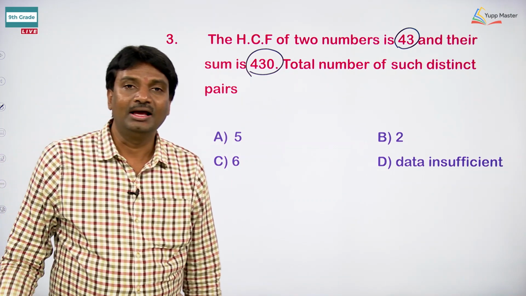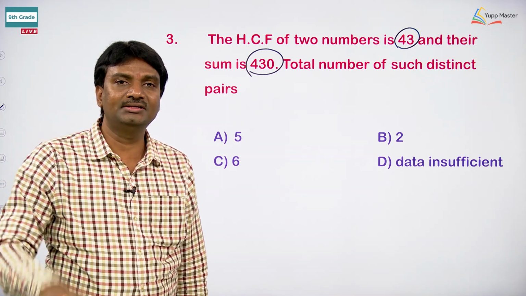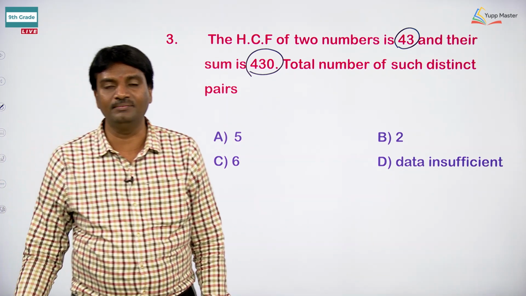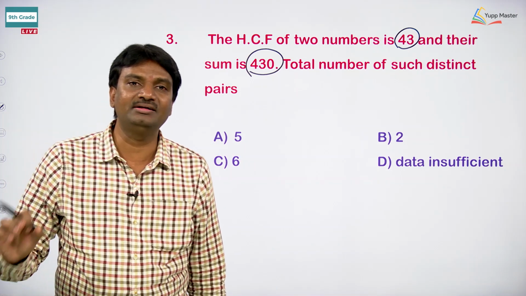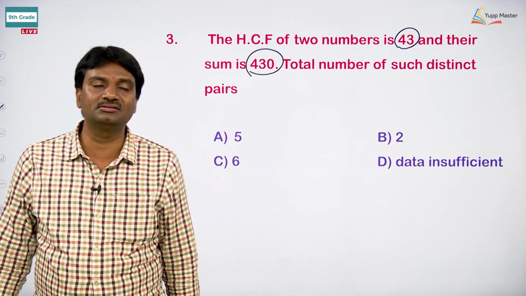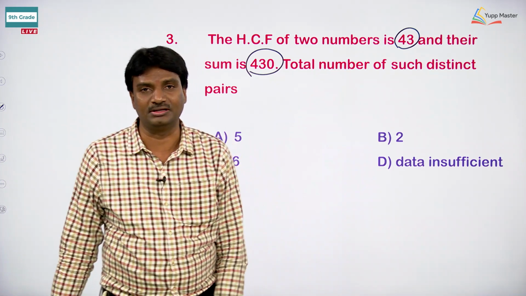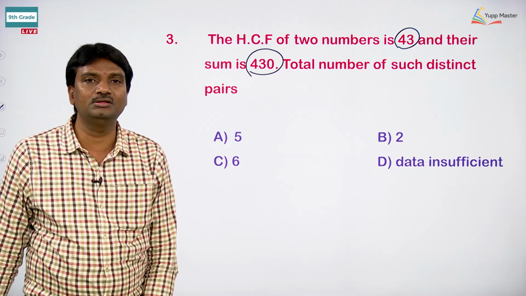So let us consider the number A as 43x and the number B as 43y, where x comma y are some integers. In place of x comma y, by taking any integers, you will get the HCF of 43x comma 43y as 43. But according to the problem, the sum of the given two numbers is 430.